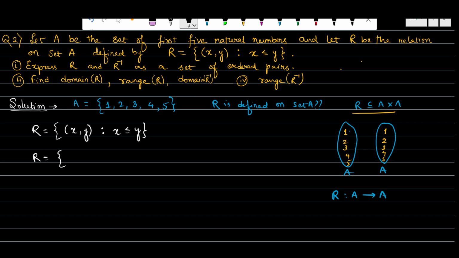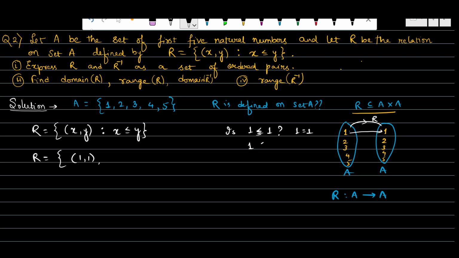See, we define a relation R from A to A. So is 1 less than or equal to 1? See, 1 is equal to 1, so this condition will hold. So we get the first pair as (1, 1).